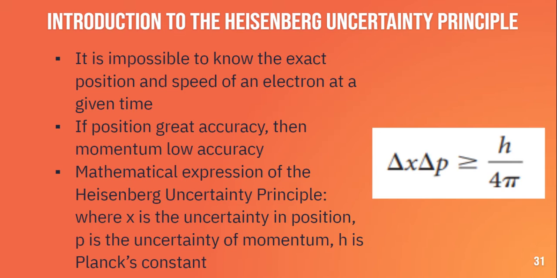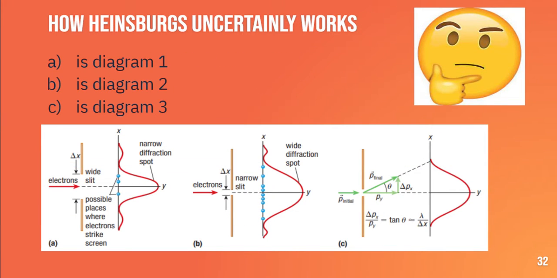And there's a formula for this as well. It is delta x times delta p greater than or equal to h over 4 pi. h stands for Planck's constant, and pi is 3.14, whatever. And take a look at the diagrams at the bottom. The first diagram shows that if there's a wide slit, the diffraction is narrow for the electron to go through.